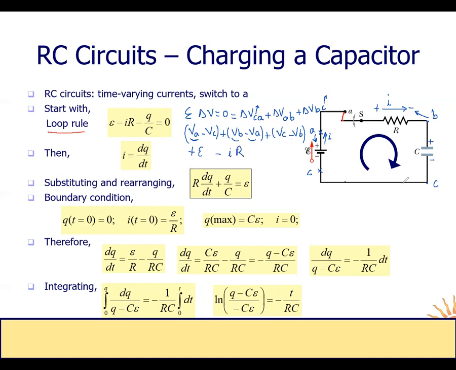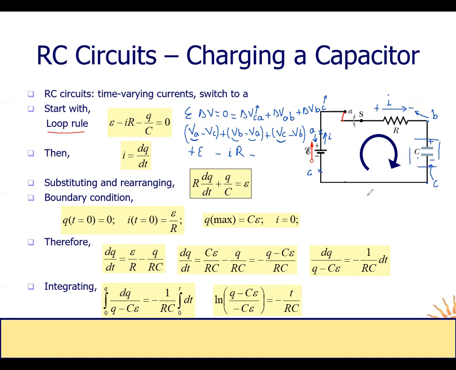VC minus VB. Here we have C, which is at the negative side. So we have minus the voltage at the capacitor.